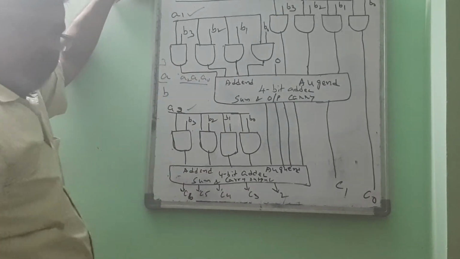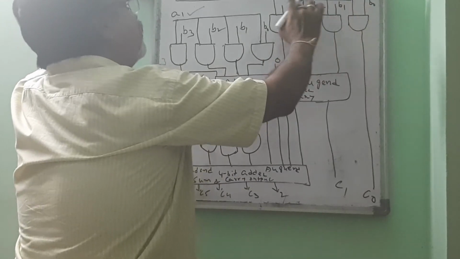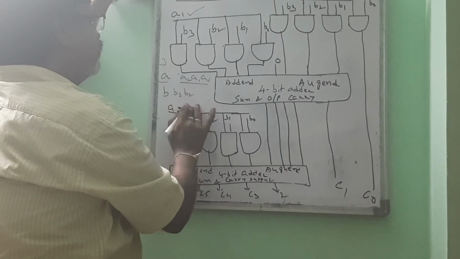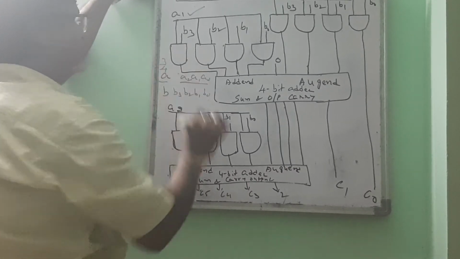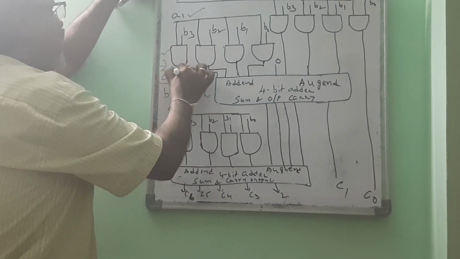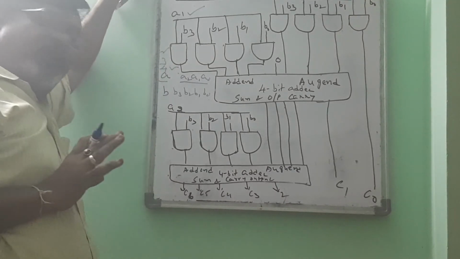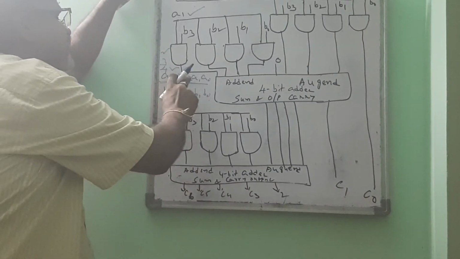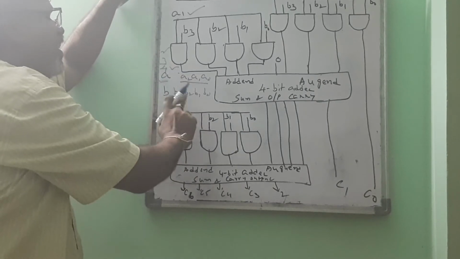And the second input B, we have B0, B1, B2, B3, that is B3, B2, B1 and B0. So this contains 4 bits. So here J is 3 and K is 4. If you want to multiply two input values containing J bits and K bits, here J is 3, K is 4.